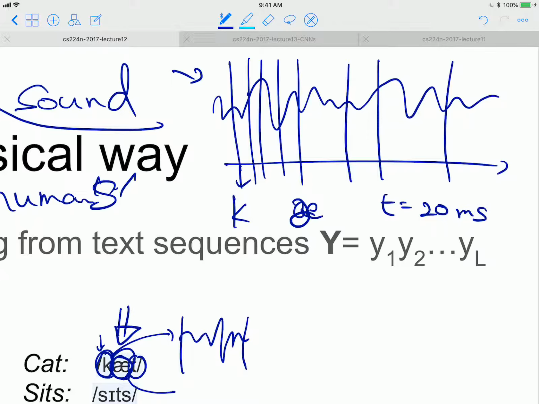And if multiple time segments correspond to this a, then they are classified into the same class or category. Okay.